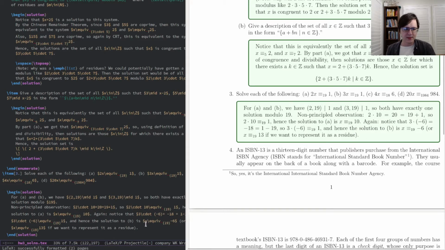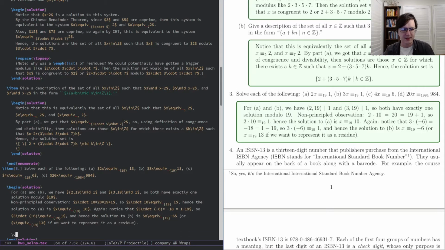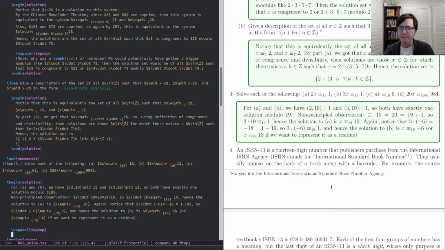Okay, the next one is a little more interesting. For C, we have 4x congruent to 6.